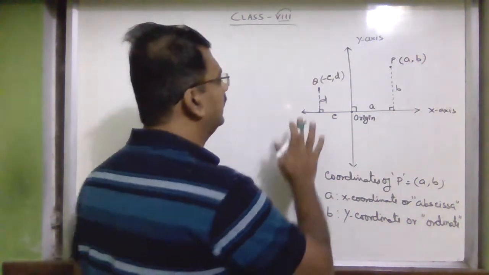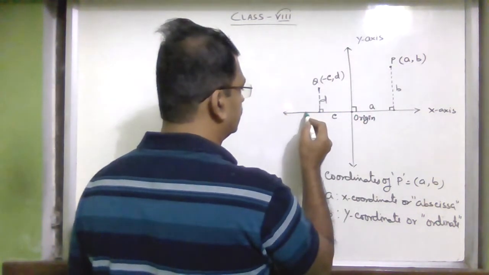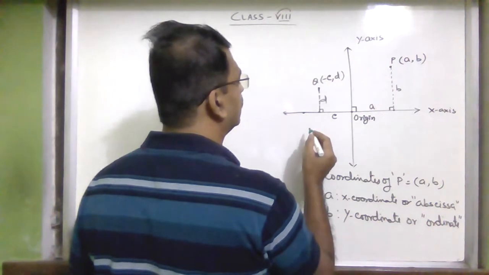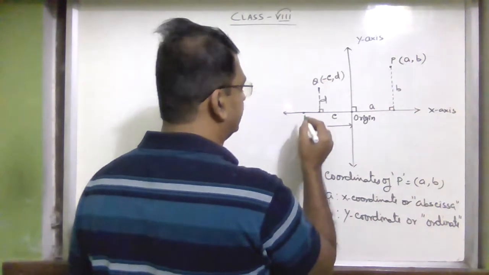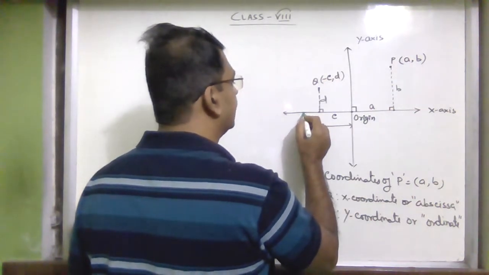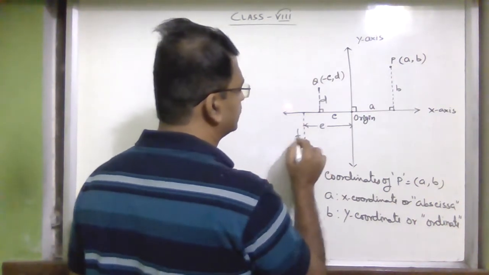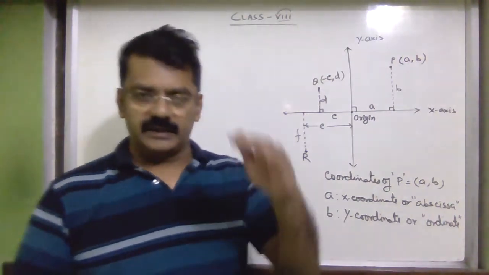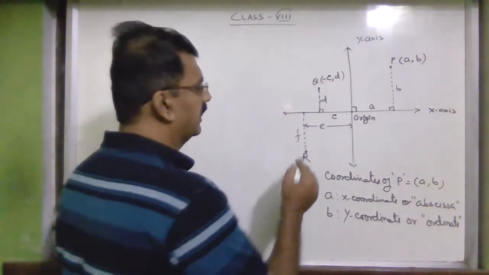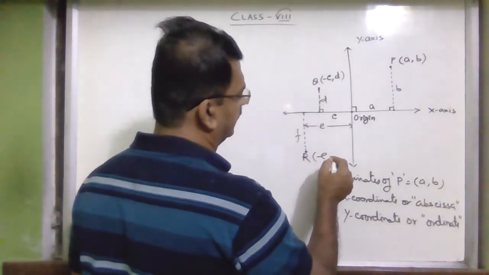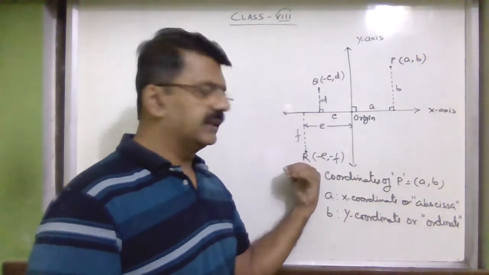To reach point R from the origin, you have to first move a distance, say e, towards the negative x direction, and then you have to move a distance f downwards to reach R. Then the coordinates of R will be minus e comma minus f, because you see we moved towards the negative side, then the negative side.